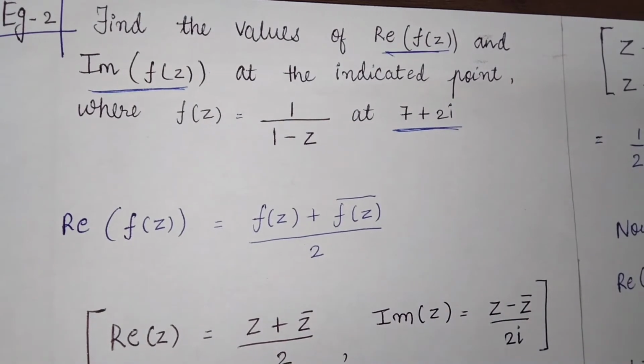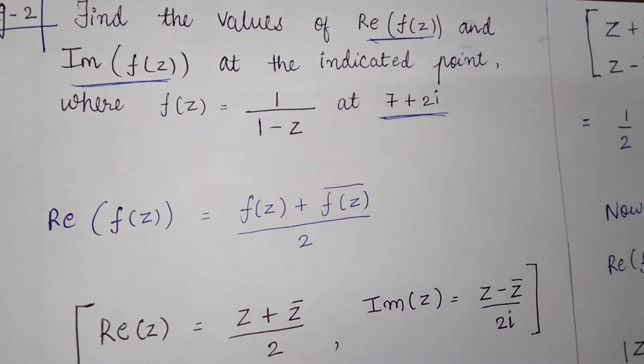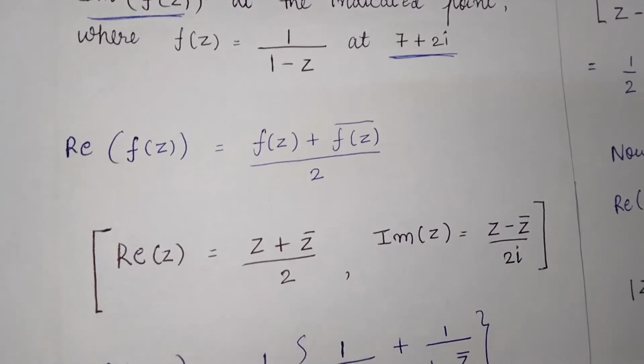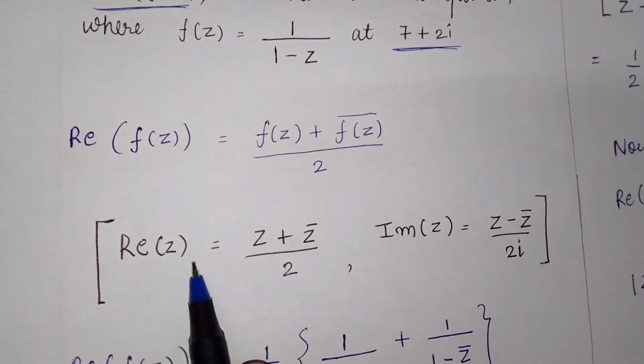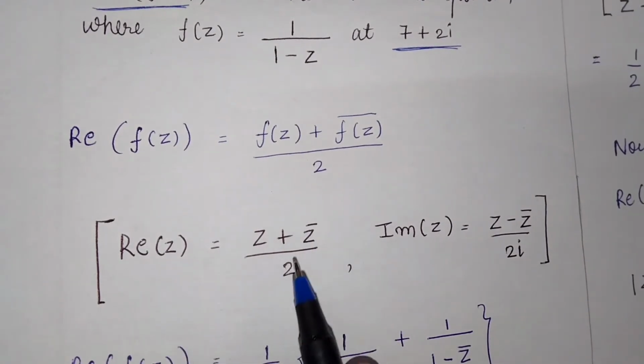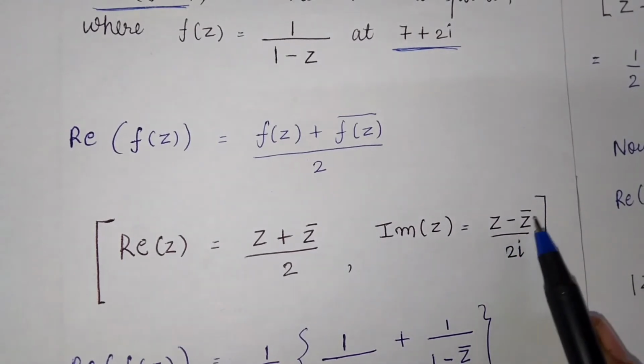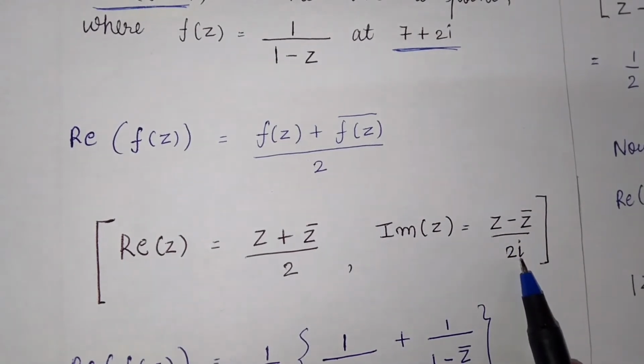Now you should know the formula of real part of z and imaginary part of z. The formula of real part of z is z plus z conjugate by 2 and the formula of imaginary part of z is z minus z conjugate by 2i.